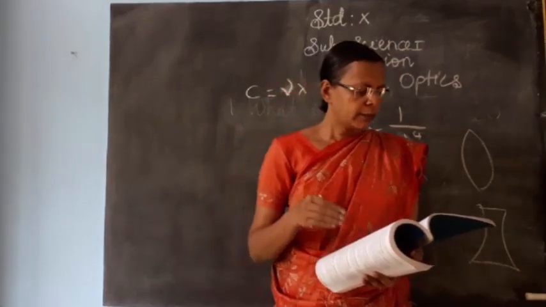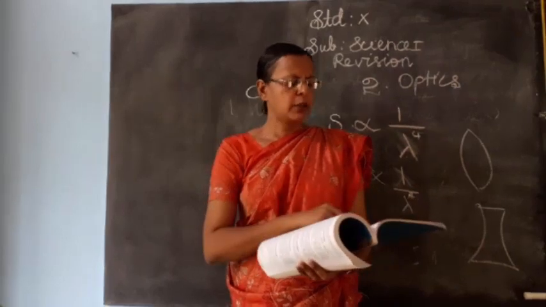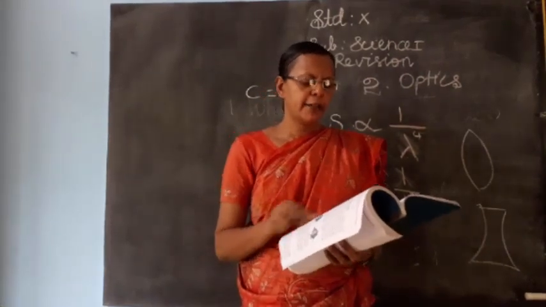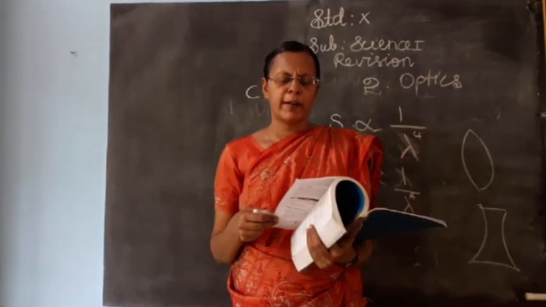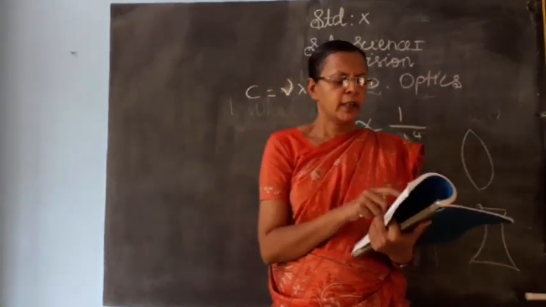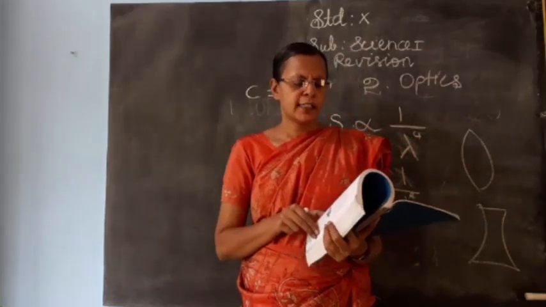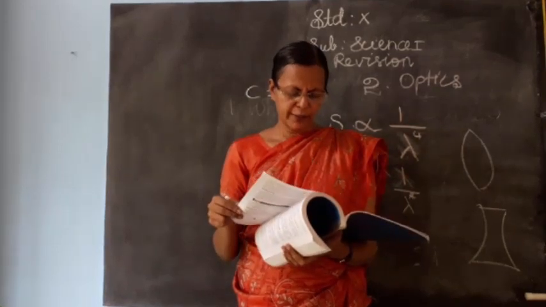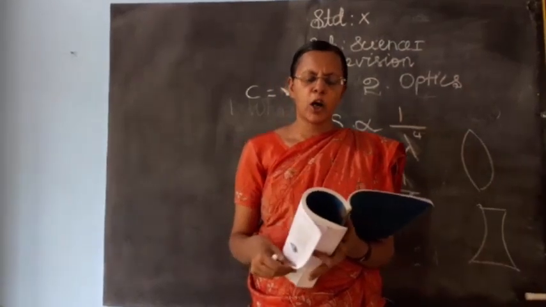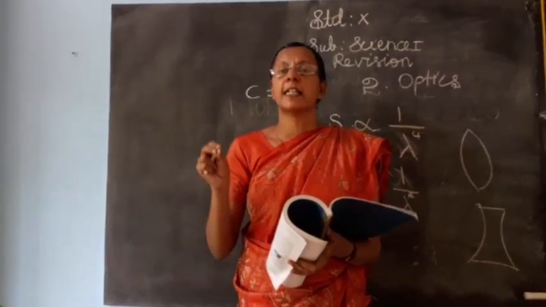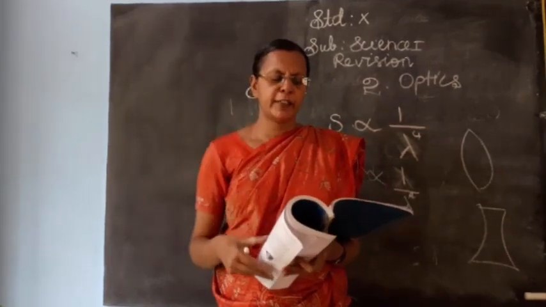All of this is important. Here you have to read all the lines well, then only can you write in one words. One more thing: the near point of our eye is 25 centimeter. The normal eye can clearly see objects placed between 25 centimeter and infinity.